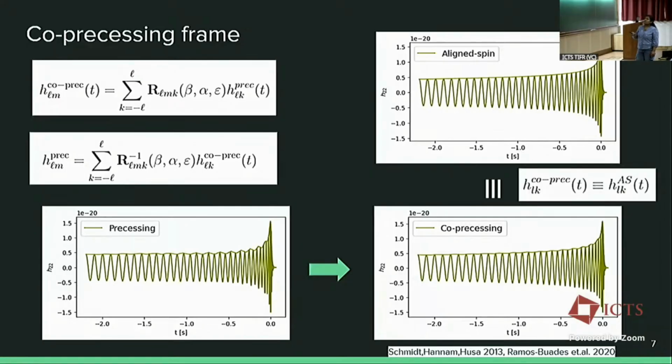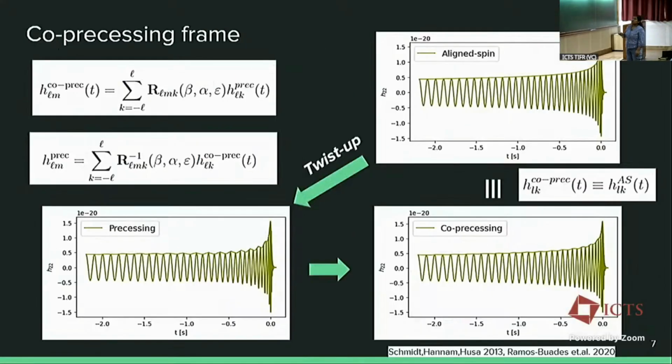And now, as I said, the aligned-spin and co-precessing waveform modes can be identified with each other. So you can take an aligned-spin waveform and then construct your approximate precessing waveform mode in that sense, which we call the twist-up. Essentially, you take the aligned-spin waveform mode, you apply the inverse rotation, you twist up, and then you get the approximate precessing waveform mode.